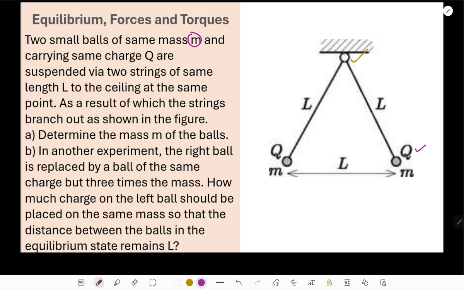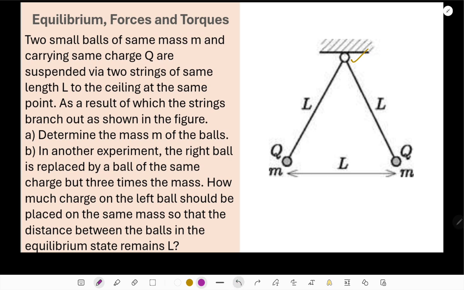How much charge on the left ball should be placed so that the distance between the balls in equilibrium remains L? Its charge and its mass both are changed in the second experiment.